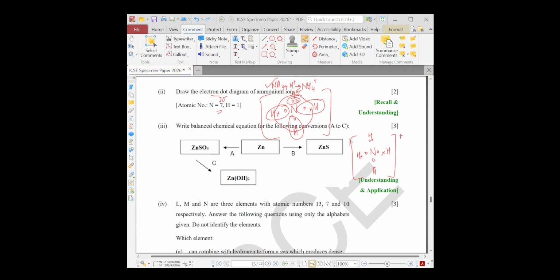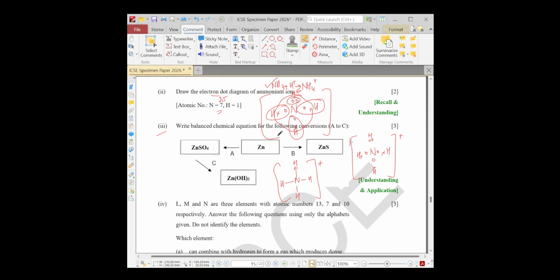This is how you're going to show ammonium ions. When we show it bond wise, it will be nitrogen with hydrogen by covalent bonds, and this one is a coordinate bond, with a positive charge.